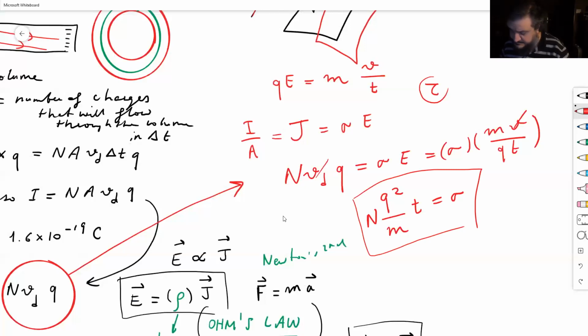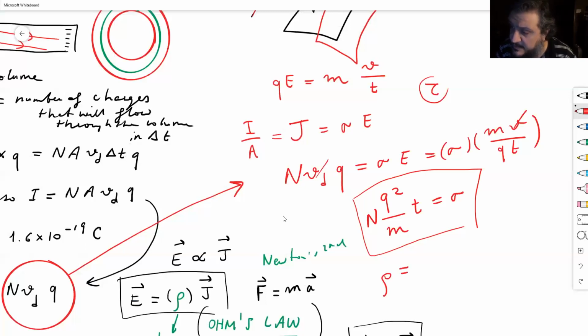They did it in terms of resistivity, which is 1 over sigma. It doesn't matter. You could write it in terms of resistivity if you wish.